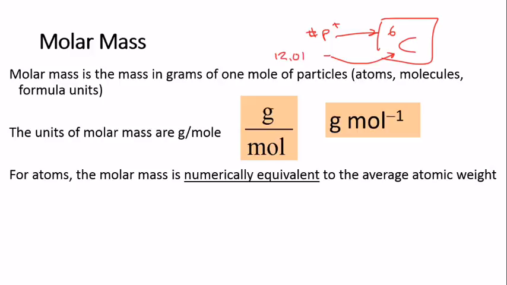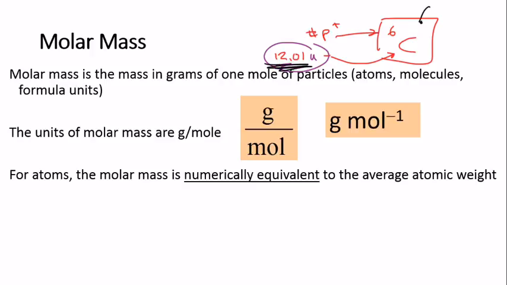And we talked about how that number is how much a carbon atom would weigh in units of what? AMUs. Right? Is that ringing any bells? I call that the decimal number. And with regard to the molar mass, scaling it up from something very small to something we can sink our teeth into, this decimal number is also the molar mass.